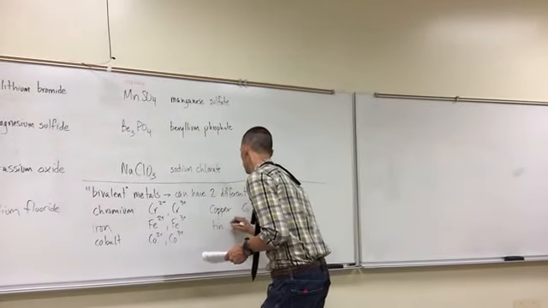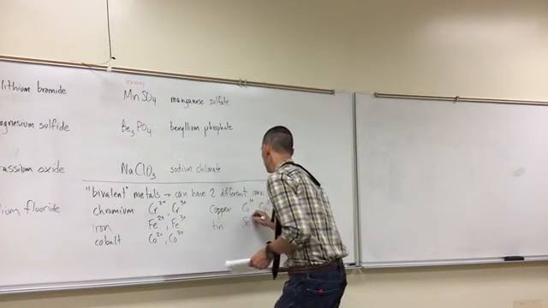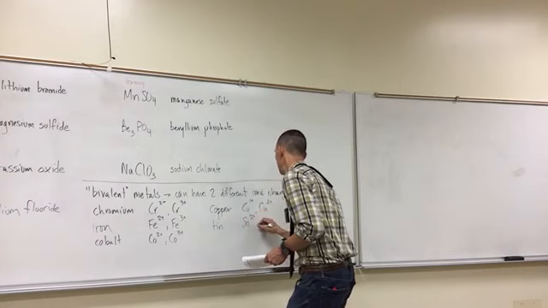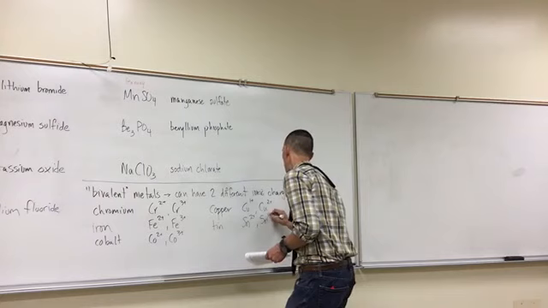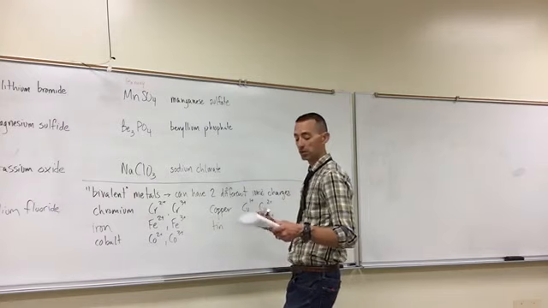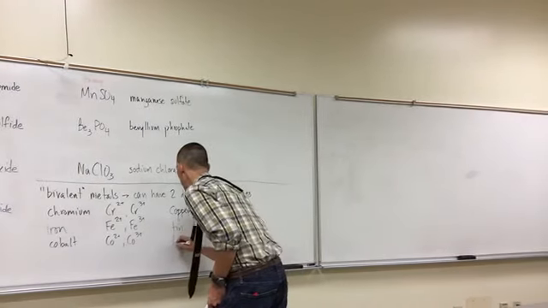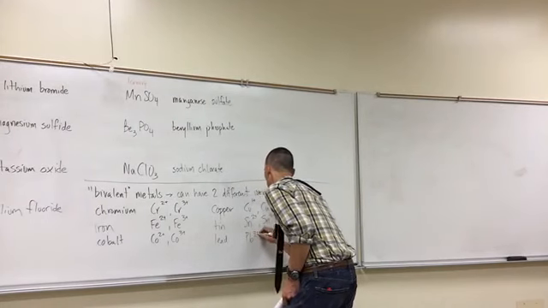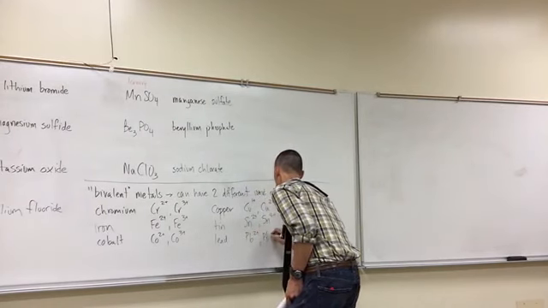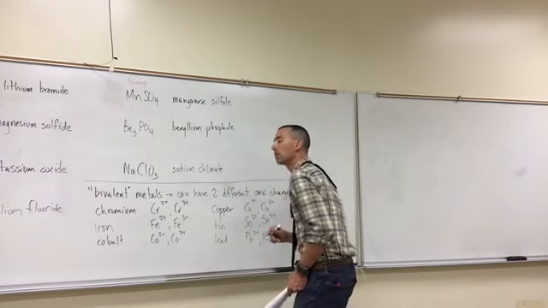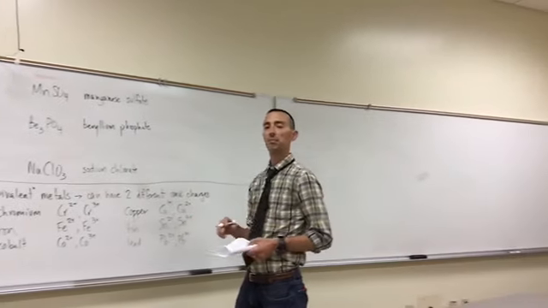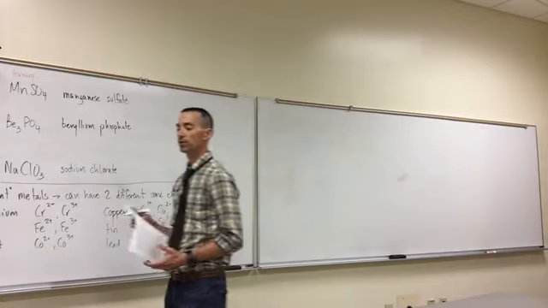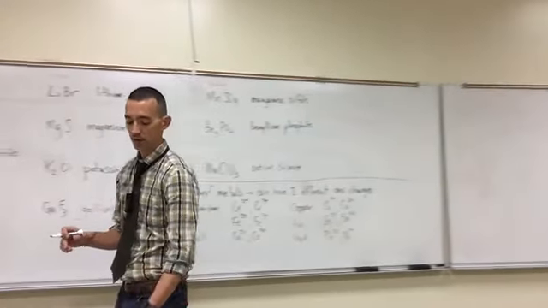Tin, Sn is its symbol, can be +2 or +4. And lead can also be +2 or +4. Mercury is also bivalent, but we are not very likely to encounter mercury.